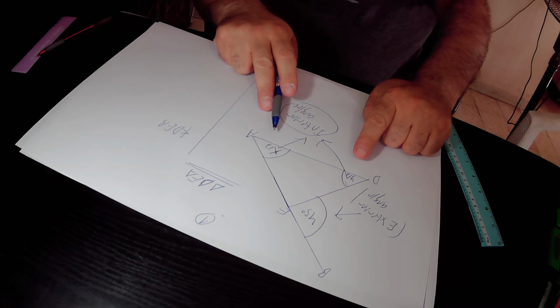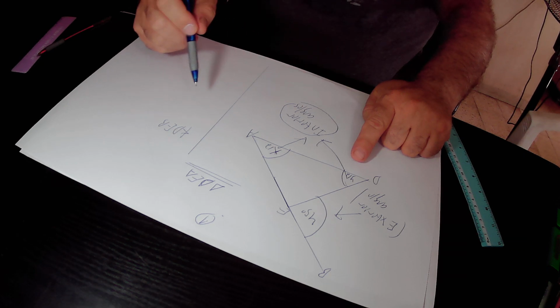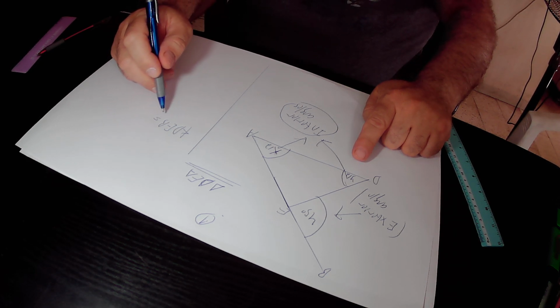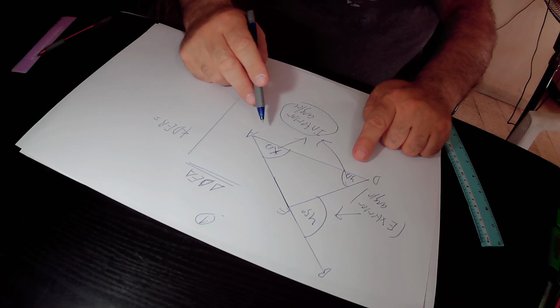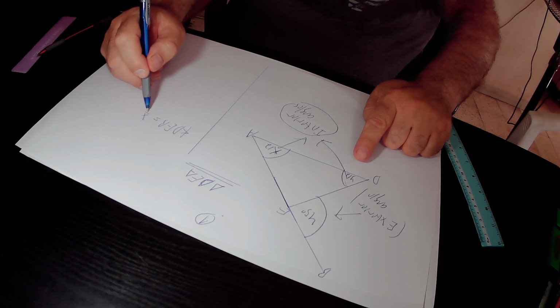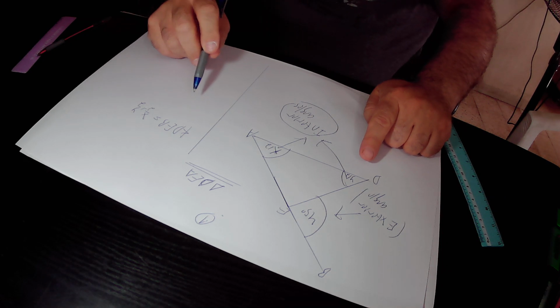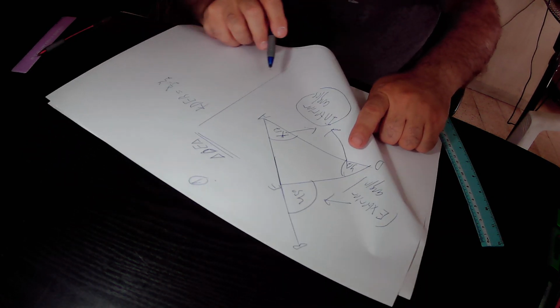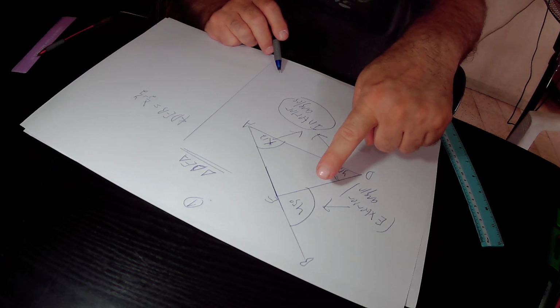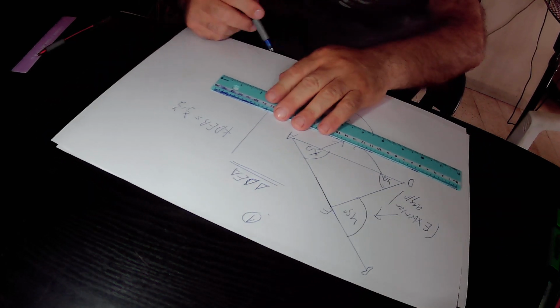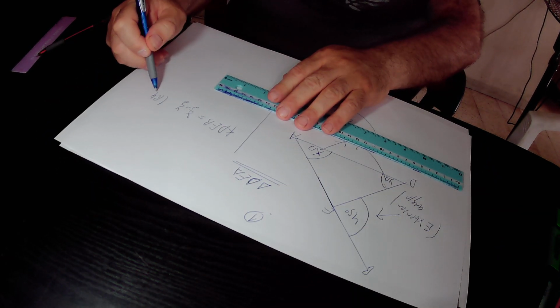The two angles that are not adjacent to it are x over 2 and y over 2. So the sum of those two angles is x over 2 plus y over 2, and it is equal to the size of the external angle DEB. According to rule 4, of course.